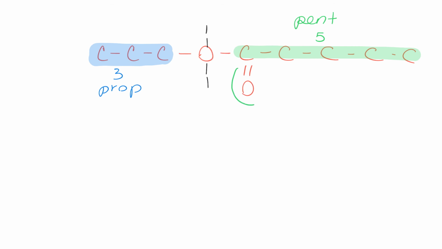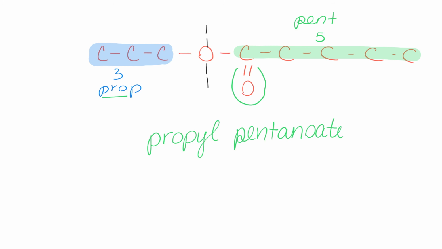This side has the carbonyl, the double bonded oxygen, so that side's going to get the oate. Pentanoate. And then my propyl becomes the branch, so propyl pentanoate. All right? I hope that makes sense.